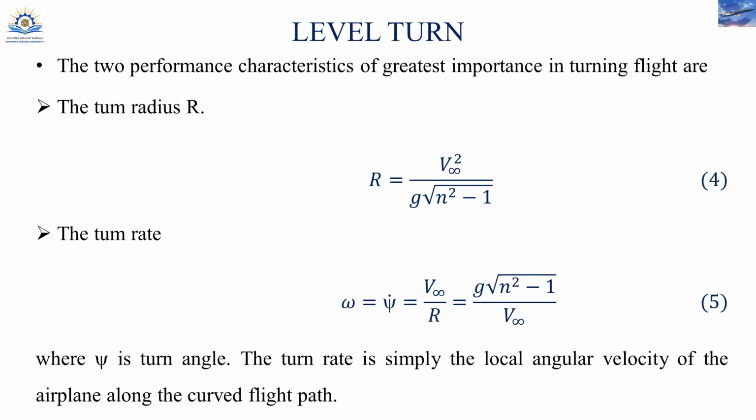So here substitute now. 1 over n g times V square over radical of n square minus 1 over n, which is equal to V square over g times radical of n square minus 1.